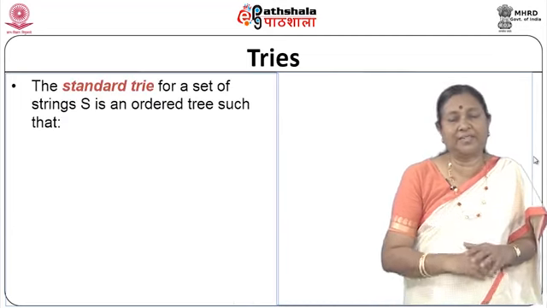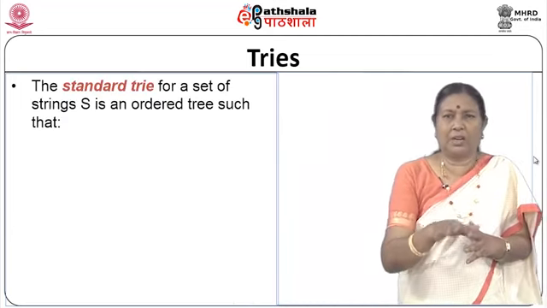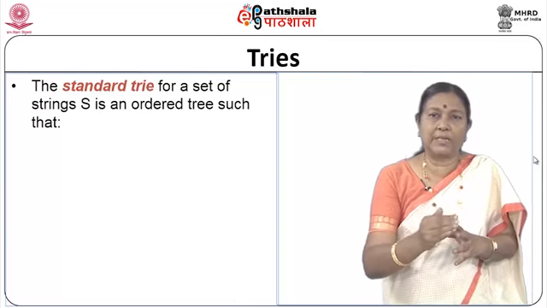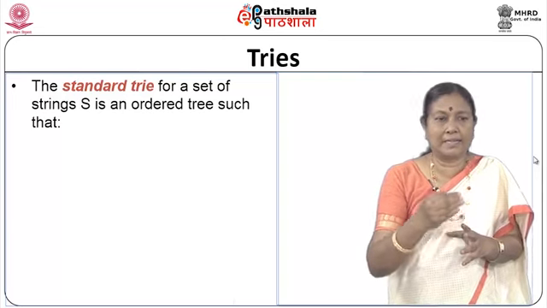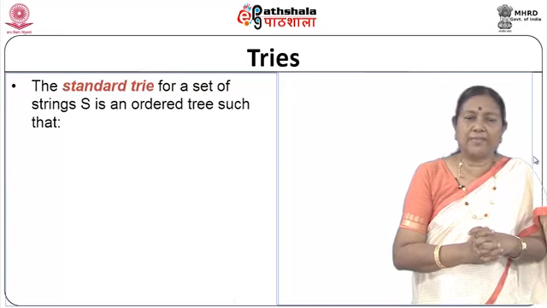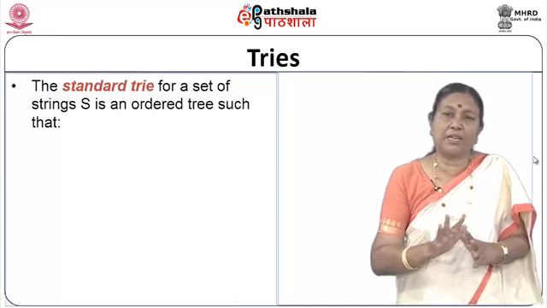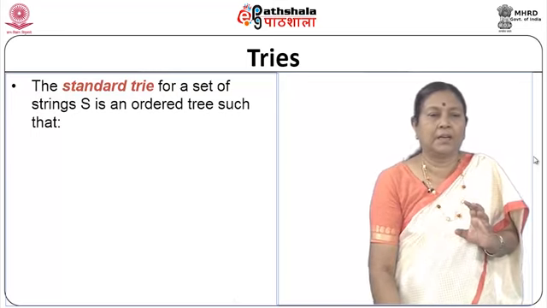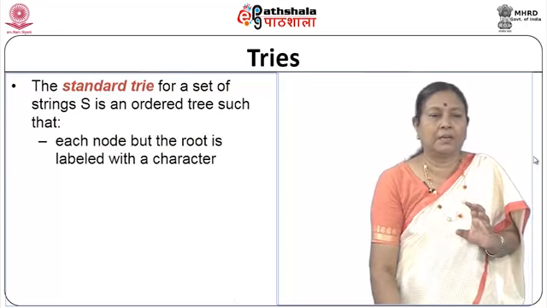There are different types of tries. We will distinguish a normal trie as a standard trie. The standard trie for a set of strings S is an ordered tree such that each node but the root is labeled with a character.